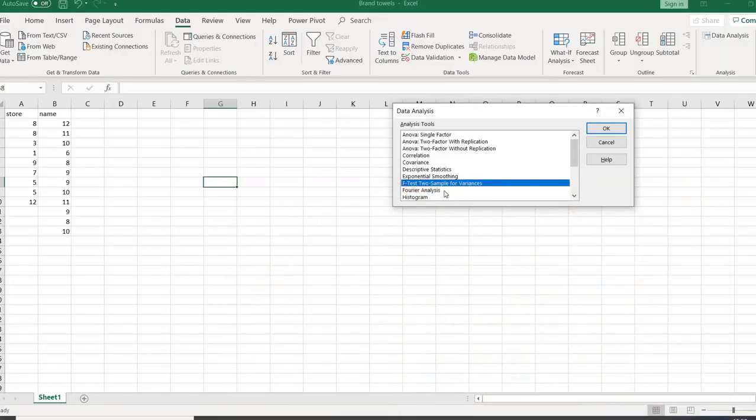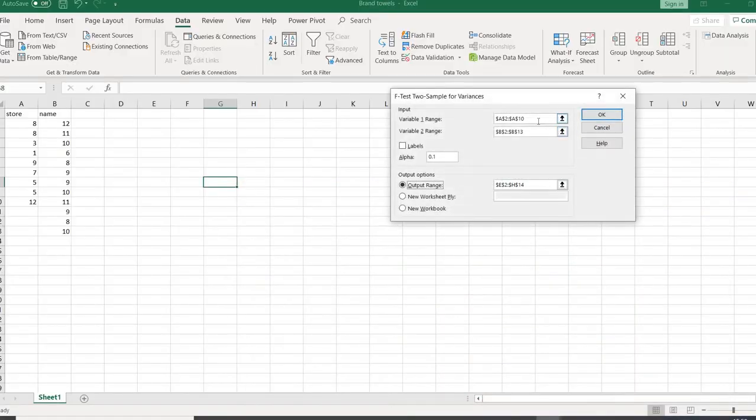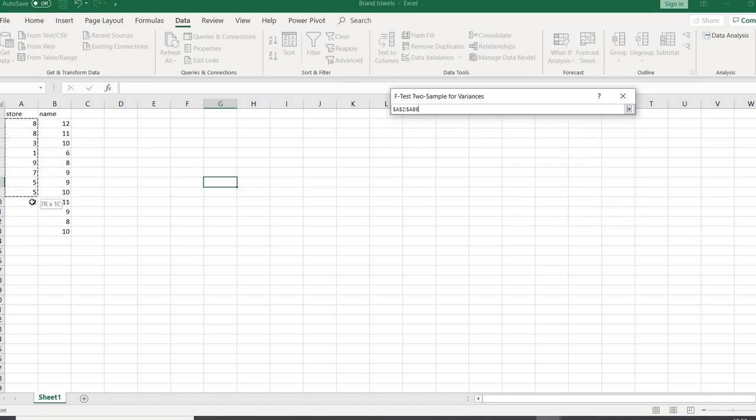So now you go to F test two sample for variance and you say okay, and a window will pop up like this. Once it pops up, it will be blank without any information. You come here to input range variable 1. You just click there and copy the numbers.